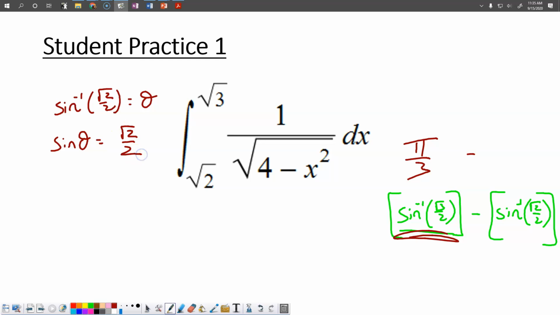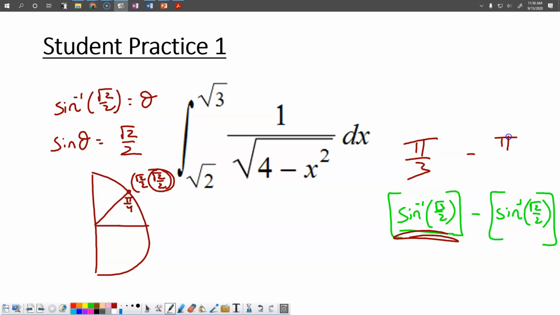So we're looking for where on the right side of our unit circle the y value equals radical 2 over 2, and that's right here in the middle at this point. And so the angle at that point is pi over 4. So the answer is pi over 4.